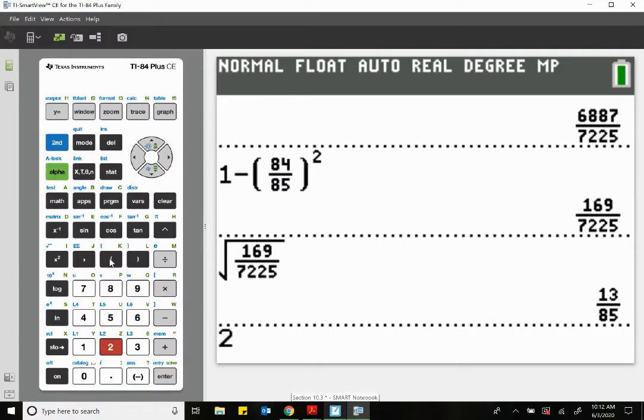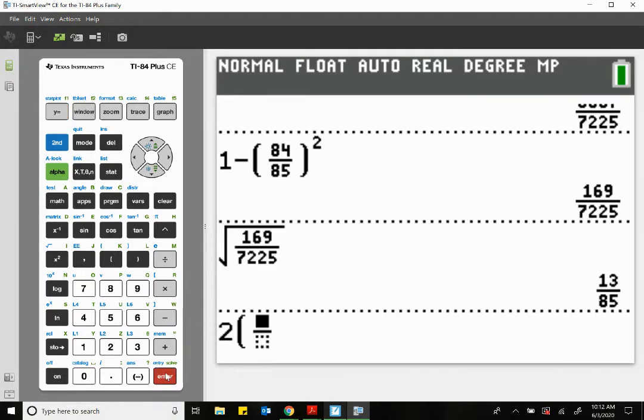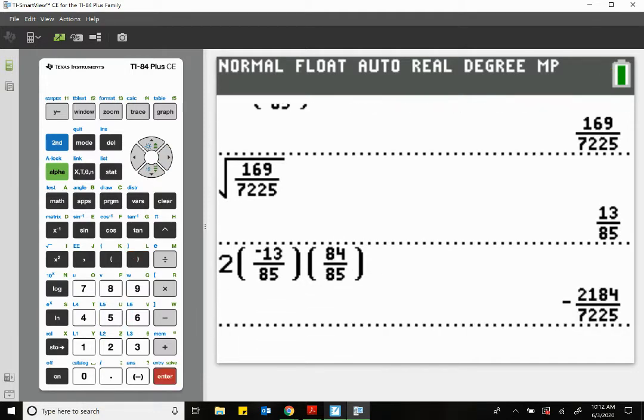And then you just go to your handy dandy calculator and you start doing some multiplying. 2 parenthesis, negative 13 over 85. Scroll out to the side, open up another parenthesis, 84 over 85. Scroll out to the side, close it. And there's our answer.